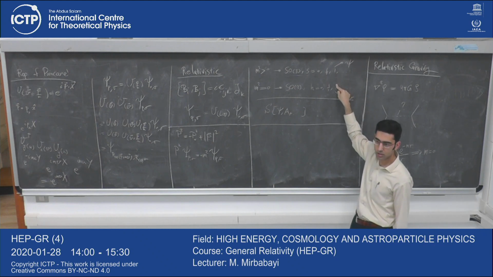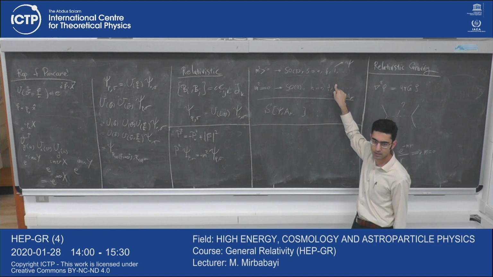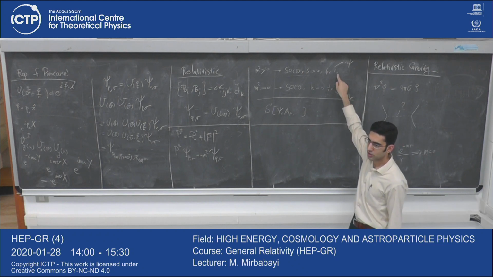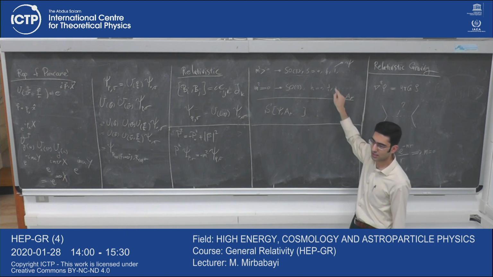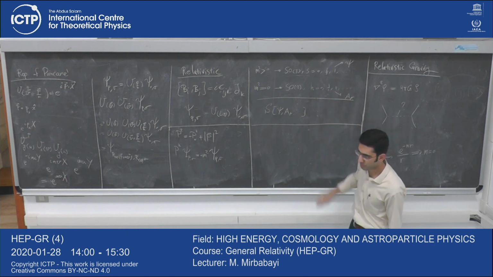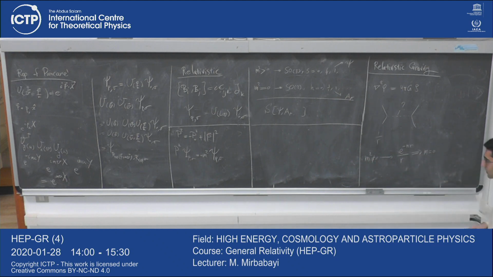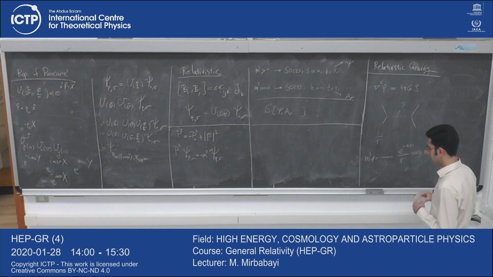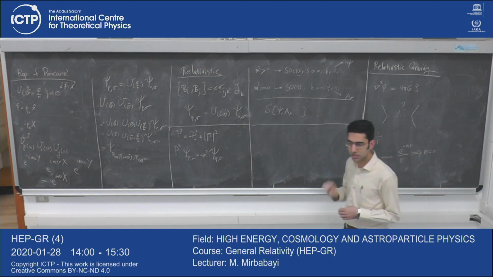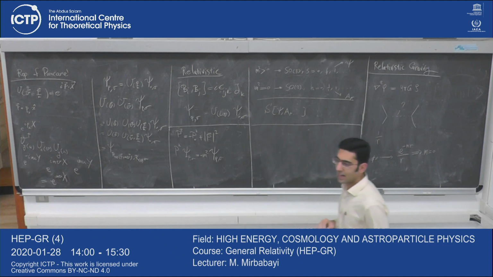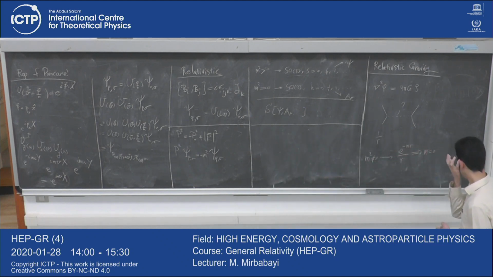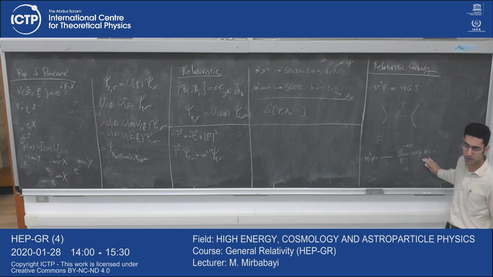But if we go to the bottom, we have only 2 possibilities, helicity plus and helicity minus. So there is a discontinuity as you take mass to 0. And these discontinuities will show up in various ways. So therefore, there is some degree of rigidity in this limit. So let us stick to m equal to 0.